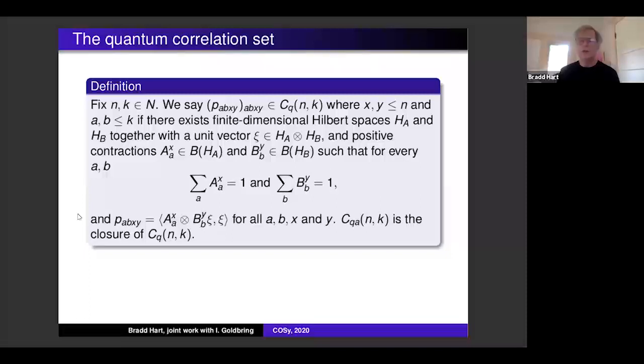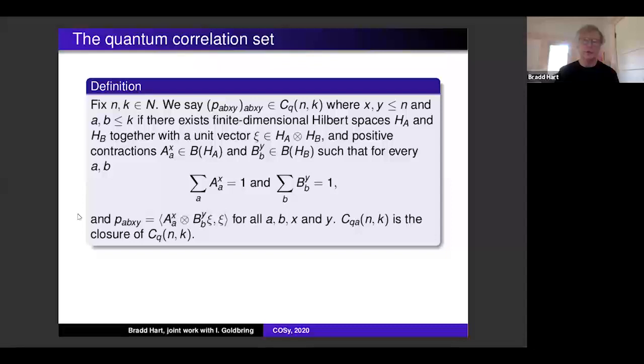Anyway, these quantum correlation sets, I hope this doesn't differ from what Henry said, because it should be exactly the same. You form an NK by NK matrix using collections of positive contractions on two Hilbert spaces, HA and HB.